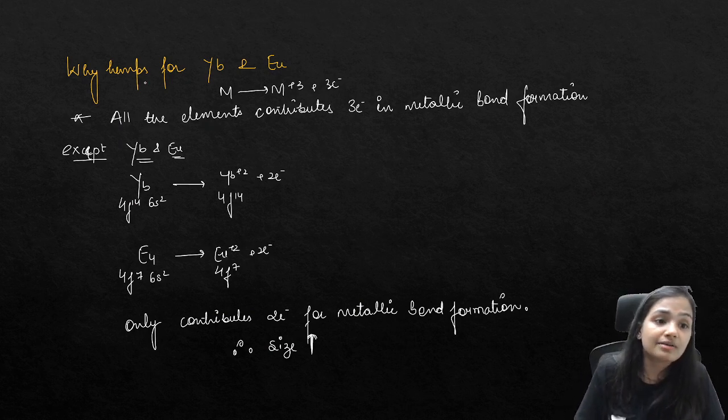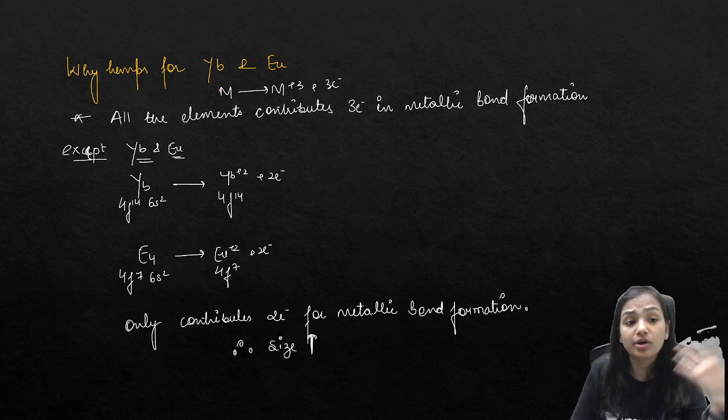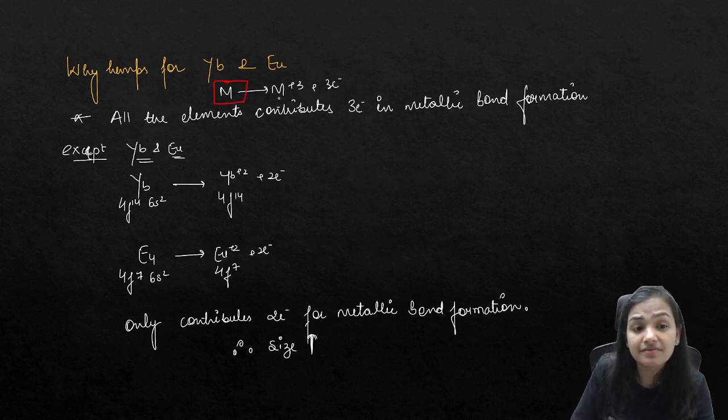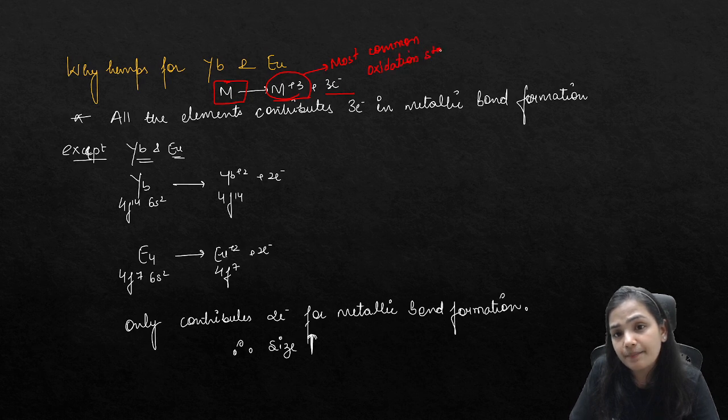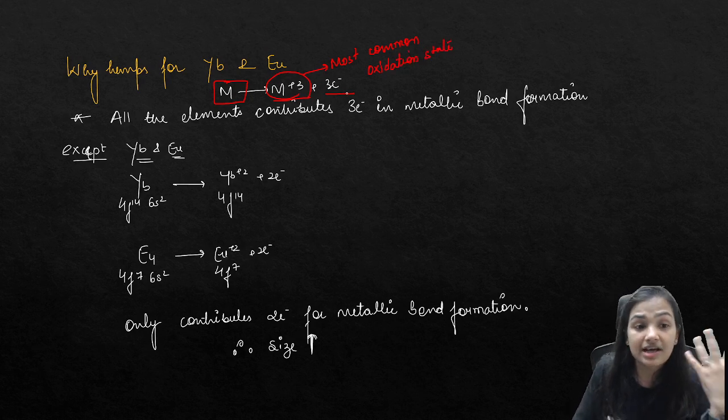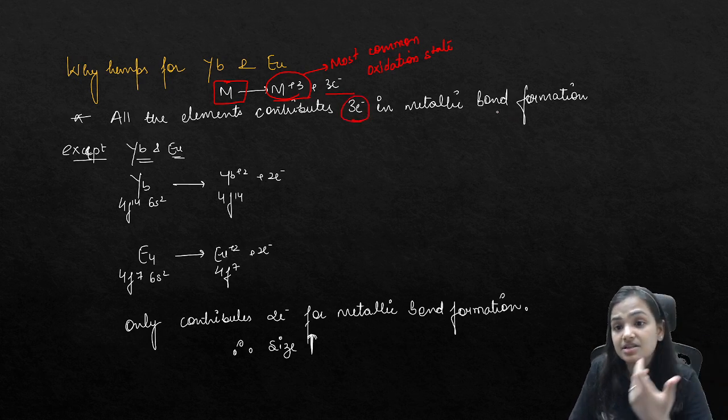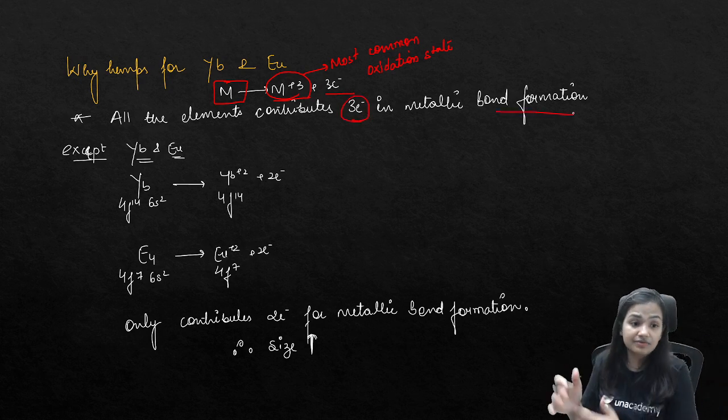Okay, so when you talk about all the Lanthanoid elements, we have M plus 3, the most common oxidation state, which is found to be plus 3, and so therefore 3 electrons participate in the metallic bond formation.